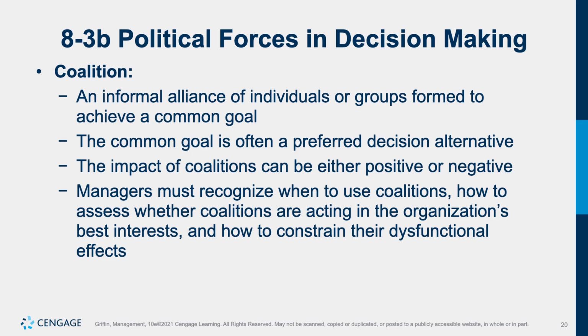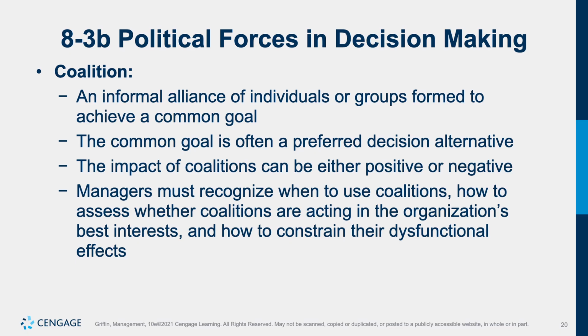So the group, or the coalition, or the alliance of individuals, are basically there to spearhead or propagate what is of preference to the group, right, as the choice alternative. And the impact of coalitions can either be positive or negative, because the interest of the group or the alliance may not be in the best interest of the organization that has this coalition.